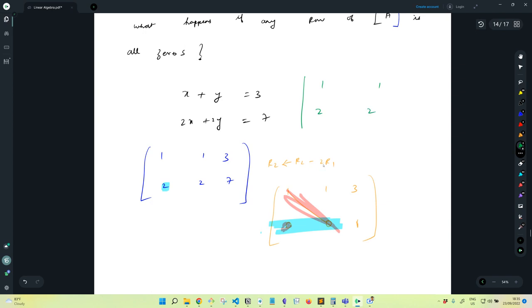If the determinant of A, that is the determinant of [1, 1; 2, 2], is it 0? Yes, this is 0. In fact, that is true.